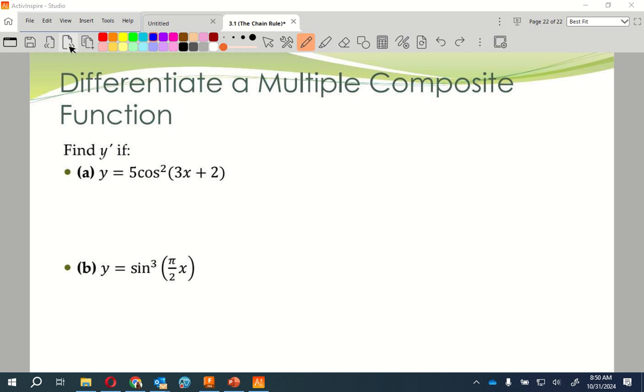So I'm going to say that u is going to be 5 cosine theta. Why did I do theta? Why didn't I do all this?